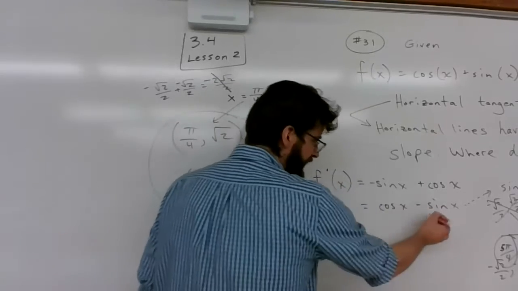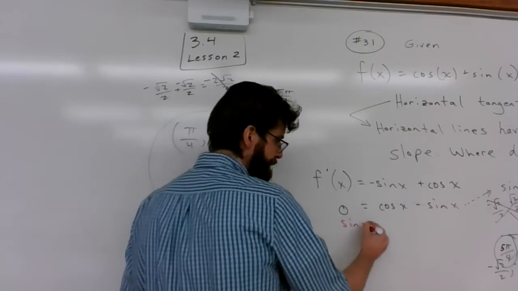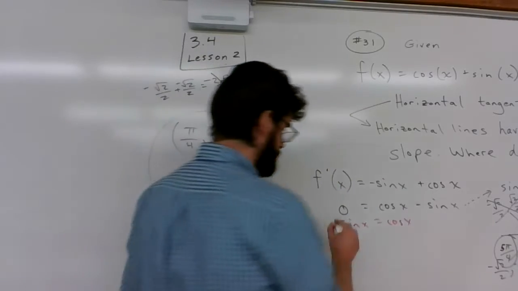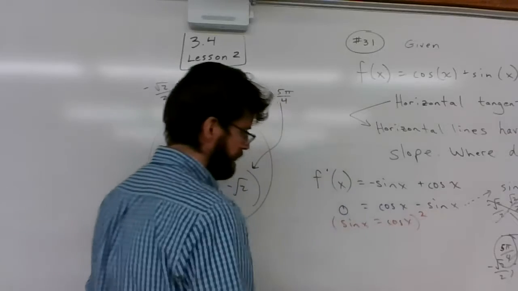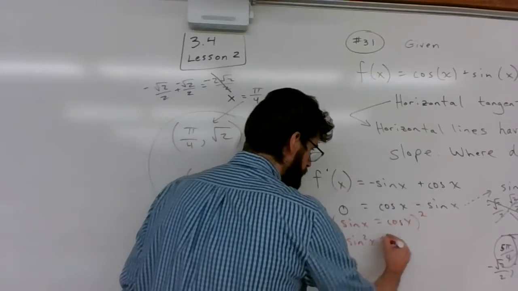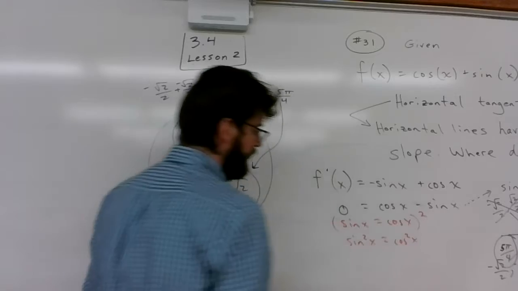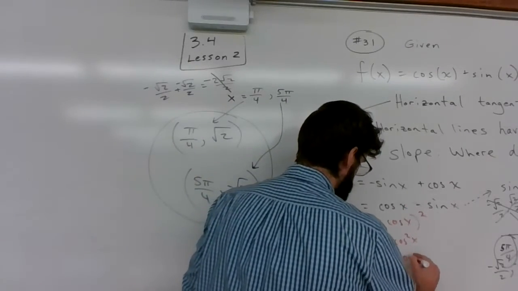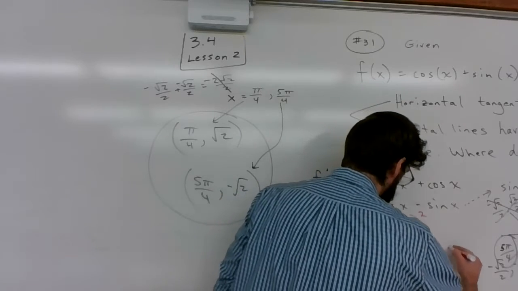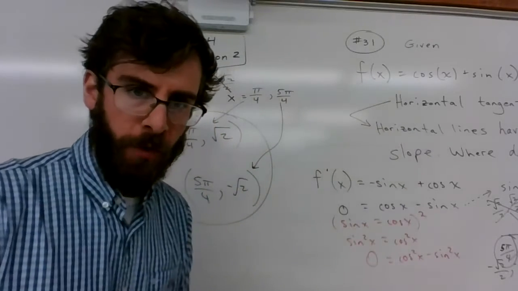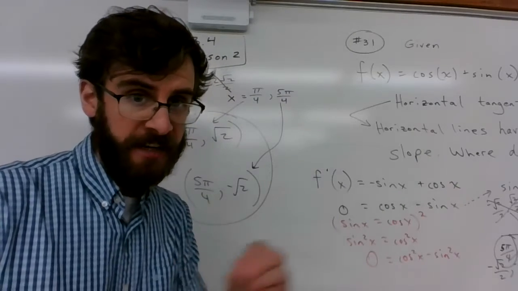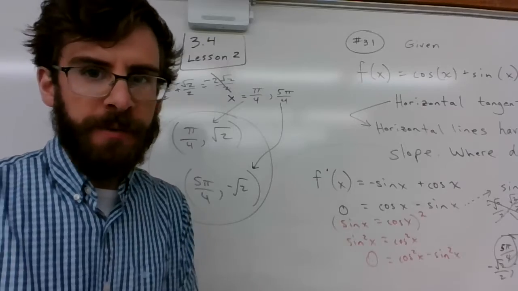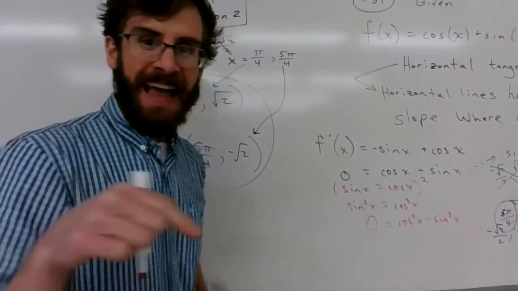So again, I can move the sine to the left-hand side, square both sides, move the sine squared back, and there's actually a double angle formula, if you look on your sheet, that says the cosine of 2x equals cosine squared x minus sine squared x. Seems like that would be the most efficient way to end this equation.